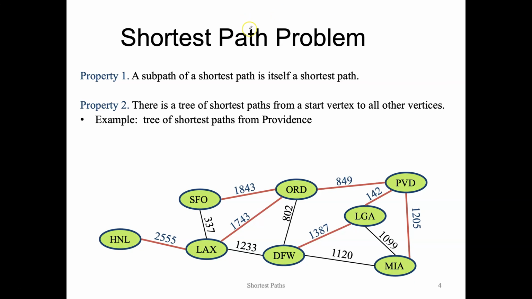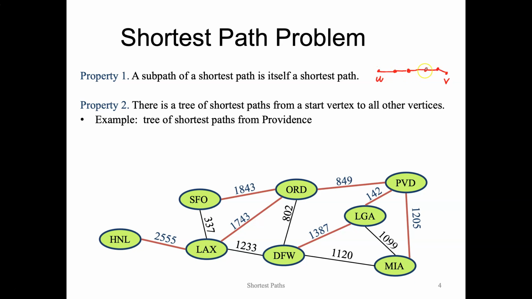So, a couple of properties we have for shortest paths. One is that any subpath of a shortest path is also a shortest path. This means that if we know already that between these vertices, let's say U and V, we have a shortest path, maybe it goes through these edges exactly, where for the moment I'm not labeling what the weight associated with each edge is.